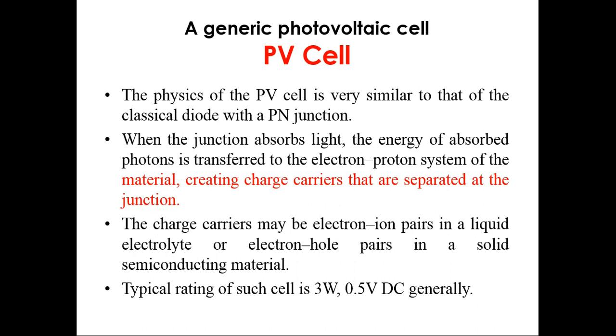When the junction absorbs the light, the energy of the absorbed photons is transferred to the electron-proton system of the material, creating charge carriers separated at the junction. The charge carriers may be electron-ion pairs in a liquid electrolyte, or electron-hole pairs in solid semiconducting materials.